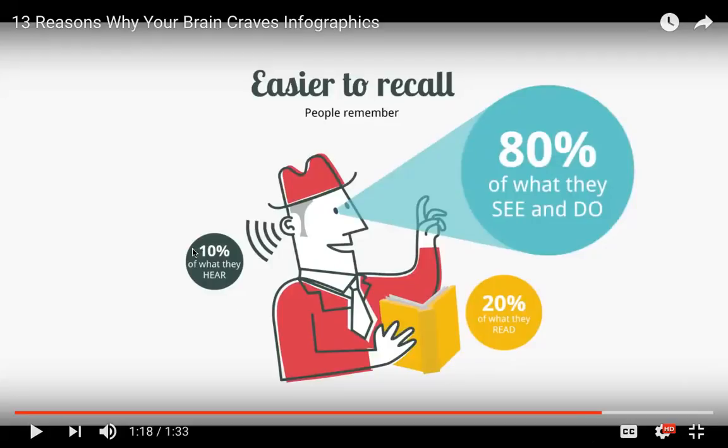There's 10% of what we hear, 20% of what we read, and 80% of what we do. Notice the different sizes in the circles, right? The size relates to the percentage. So the 10% is smaller, the 20% is a little bit bigger, and the 80% is about 4 times as large as this 20% circle.